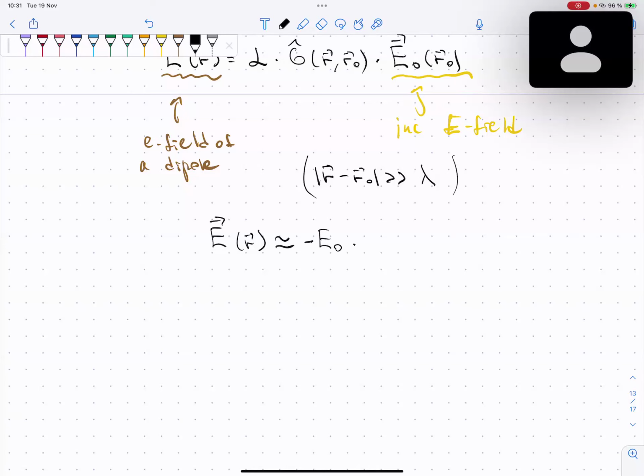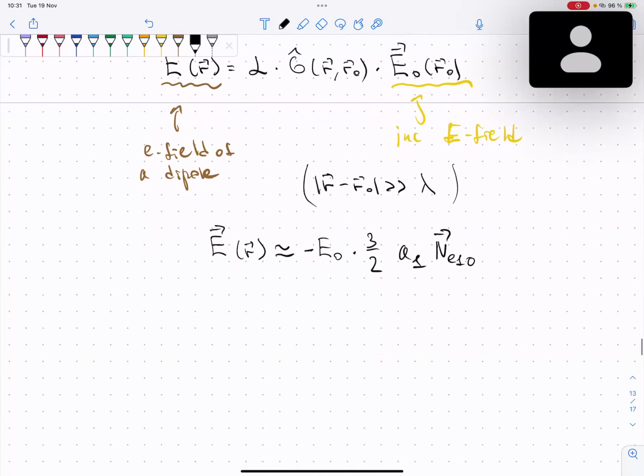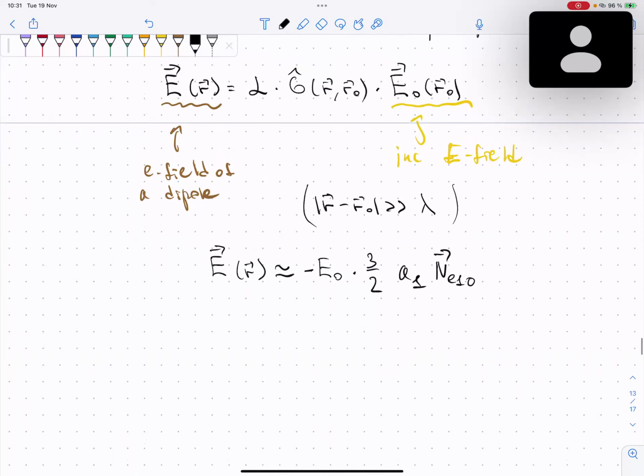Oh yeah, something like this: E0 multiplied by 3 divided by 2, A1 electric field, something like this.